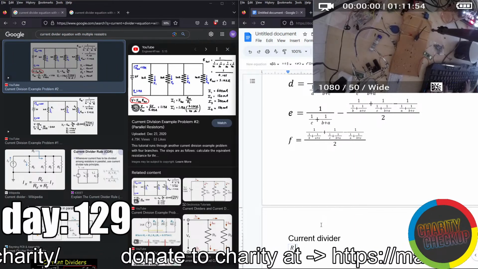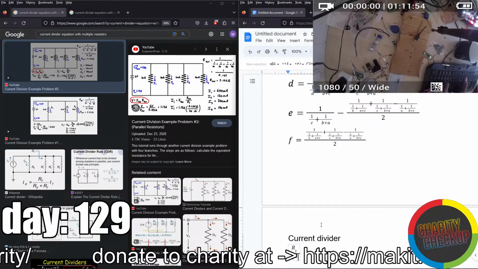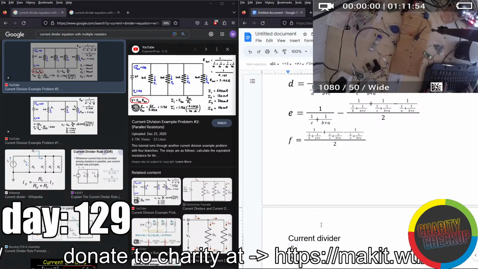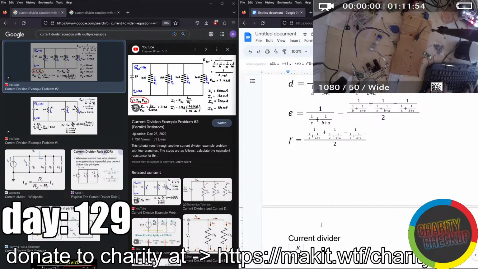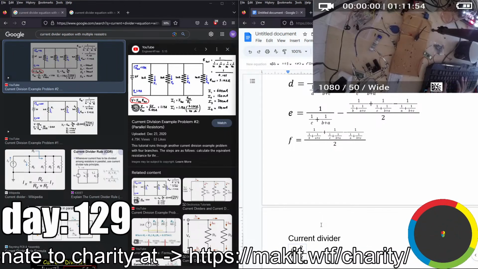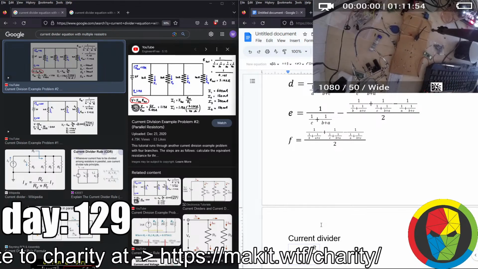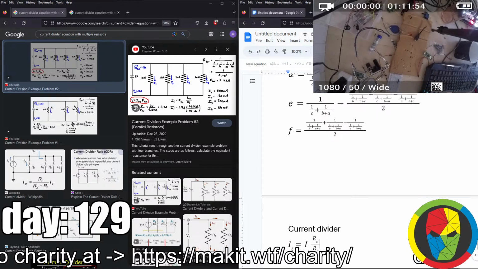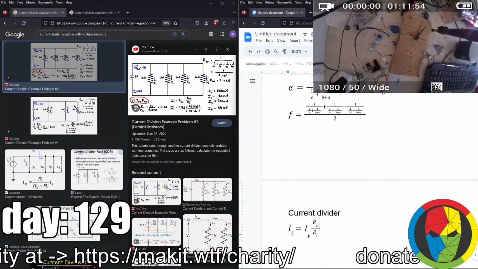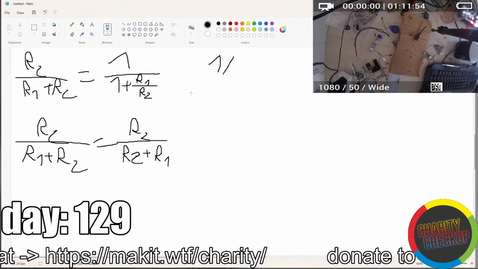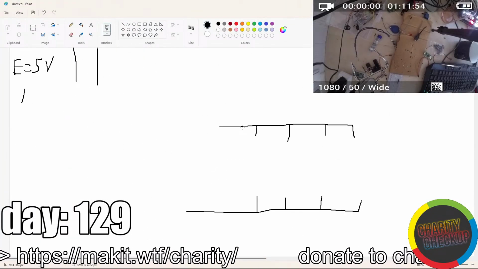R total divided by R I times I total, and I is equal to this. Yeah, okay, that's our current divider equation, which means that over here voltage should stay constant, at least I'm hoping. I'm hoping it will.